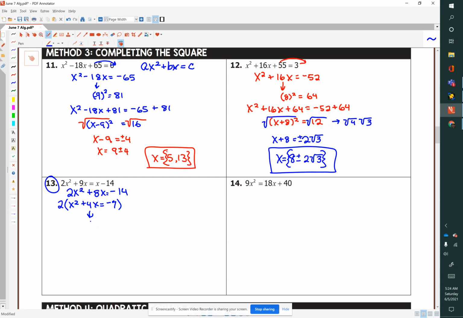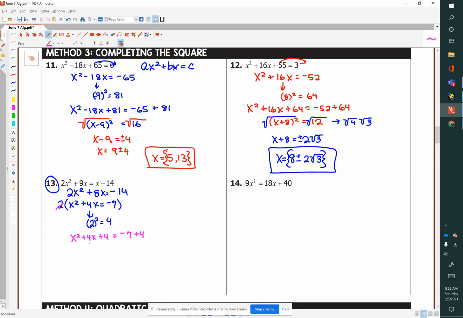So half of 4 is 2. 2 squared equals 4. Now we'll add 4 to both sides. And we can, for now, ignore this 2. So we've got x squared plus 4x plus 4 equals negative 7 plus 4.